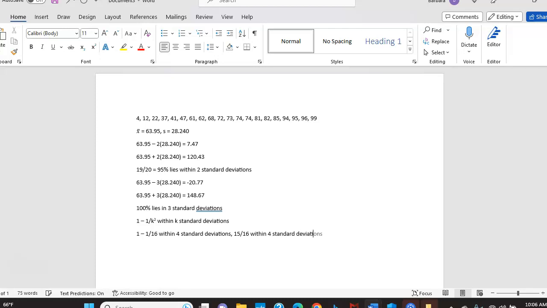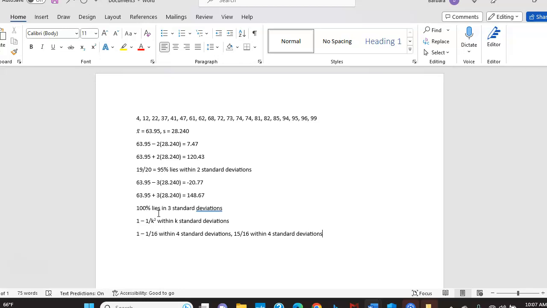So we could do a calculation for 4 standard deviations again, just like we did with these two, and show that at least 15 over 16, or whatever that is as a percentage. Let's see, 15 over 16 would be 94% of the data would be within 4 standard deviations. Now, we already know that 100% lies within 3 standard deviations.